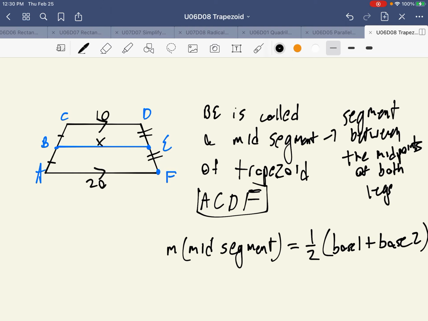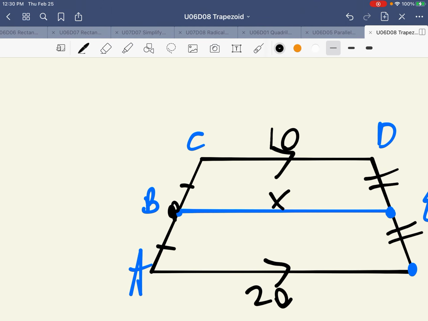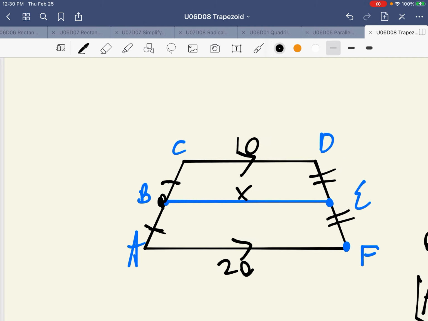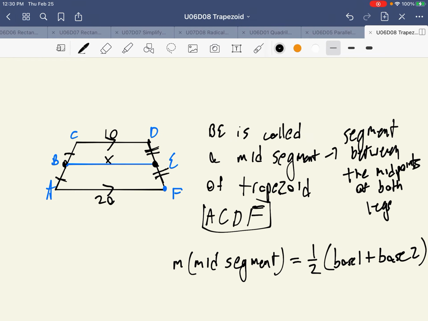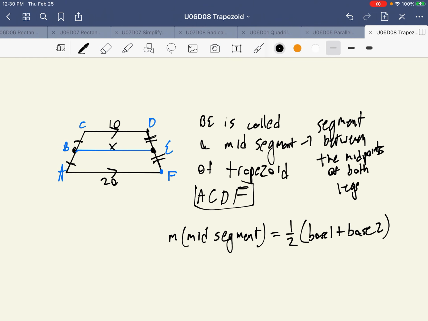And we can tell that B and E are midpoints because B divides AC into two congruent segments. And we can see that E divides DF into two congruent segments. Therefore, BE is called a mid-segment. Now, the property of the mid-segments is that the mid-segment will be equal to half of the first base plus the second base.